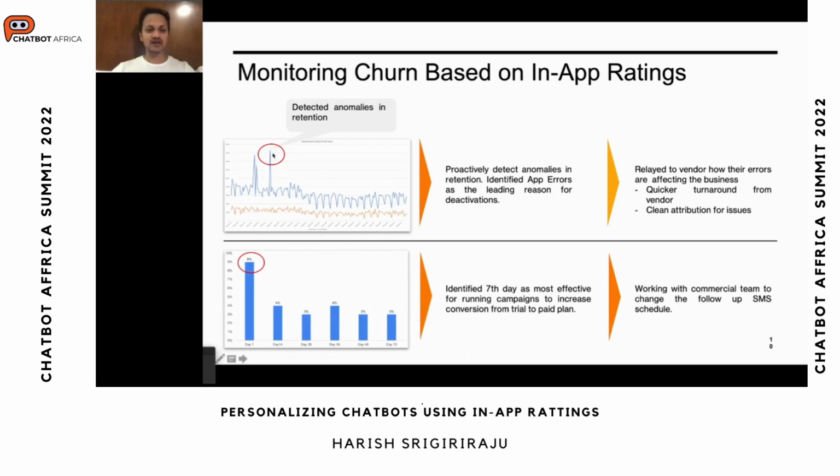So if on this particular day where you see a high anomaly there is a major issue, then you can try to look at your chat experience on that particular day, and see were there any errors with the chatbot? Were there any issues? Did people complain about something on the chatbot?